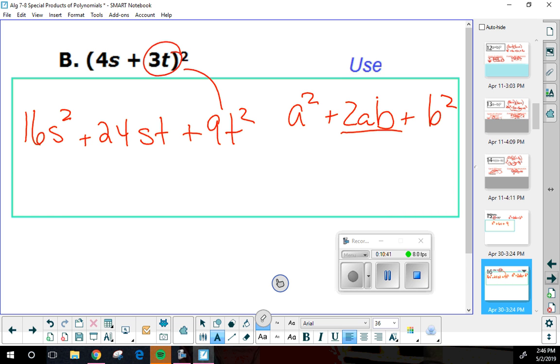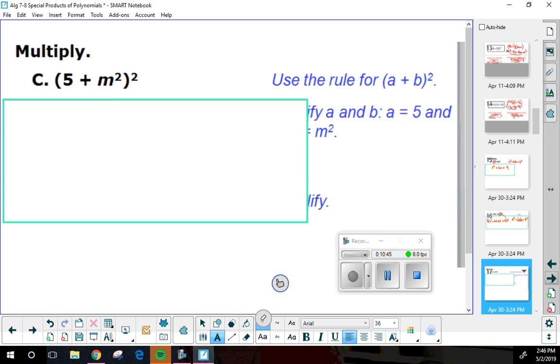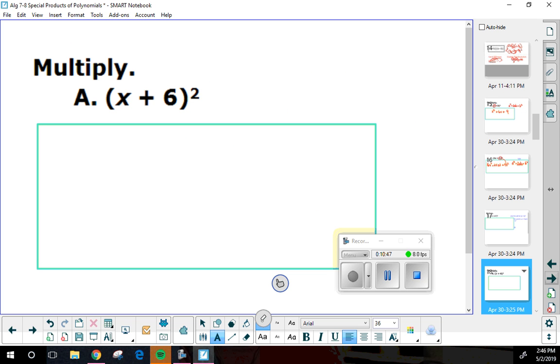Okay, this one you're going to do on your whiteboard all by yourself. I'm not going to talk you through it. I'm going to give you a good, easy one, and it's coming from the first example on your foldable.